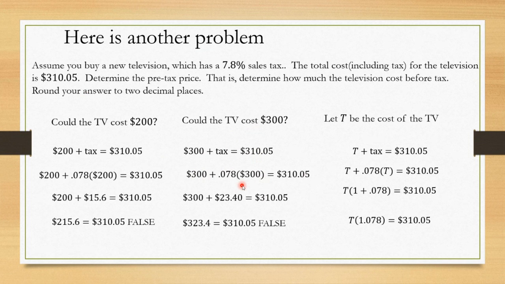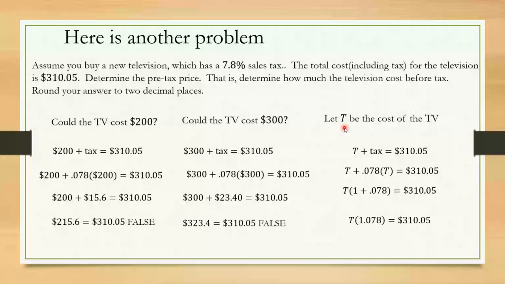It turns out if you do this calculation, you get 23.40. And you can see that the sum is 323.40. But this is not true. But this is still illustrating how we could find the cost of the TV.